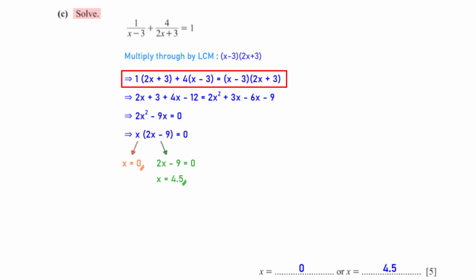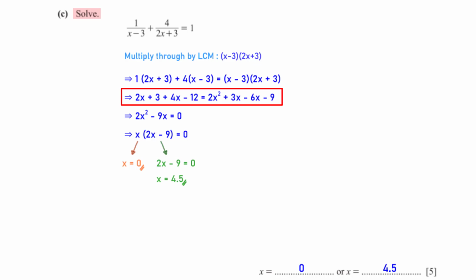When we expand the brackets, 1 times 2x is 2x, 1 times 3 is 3, 4 times x is 4x, 4 times negative 3 is negative 12, x times 2x is 2x squared, x times 3 is 3x, minus 3 times 2x is minus 6x, minus 3 times 3 is minus 9.